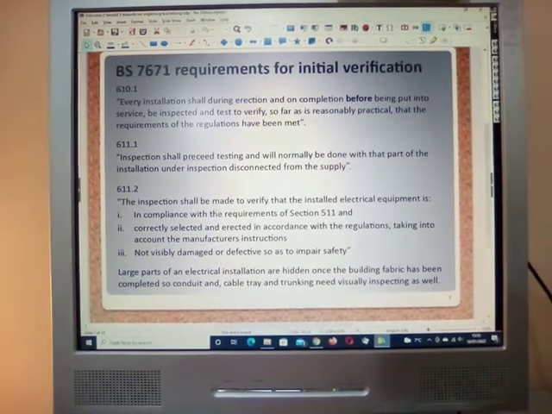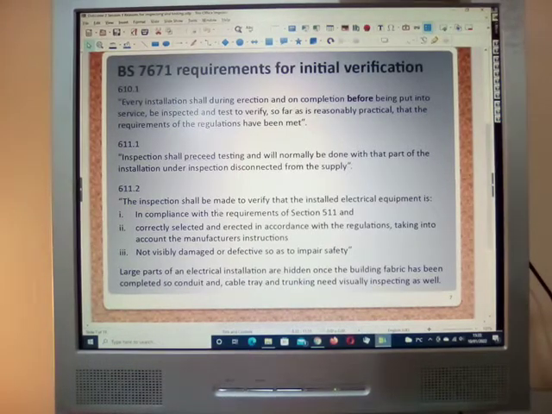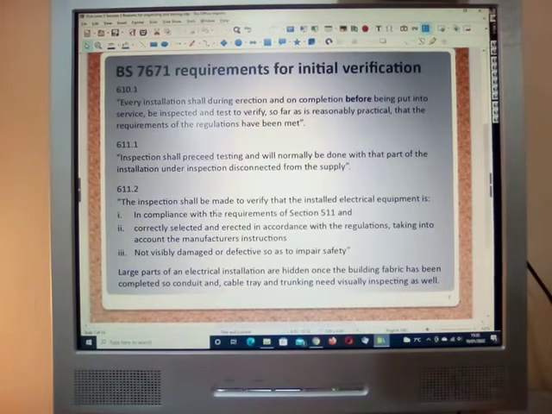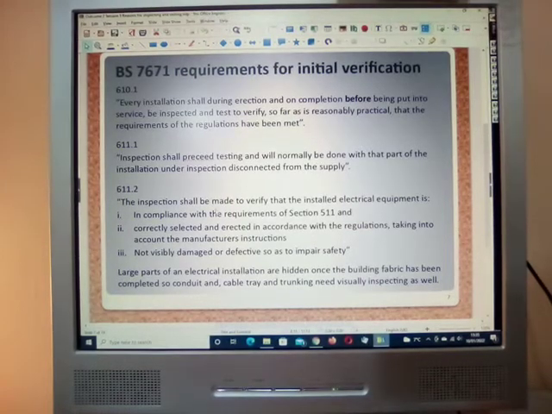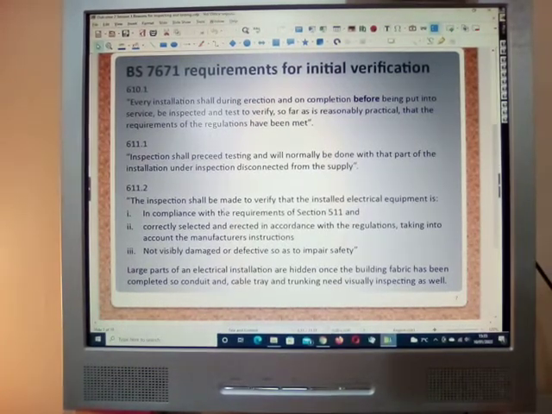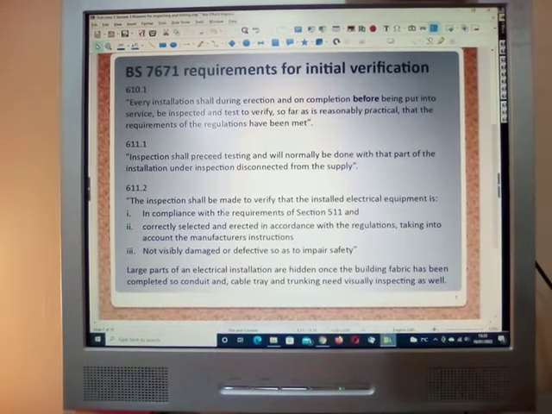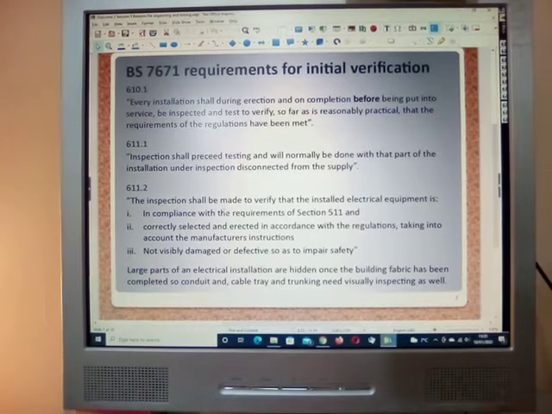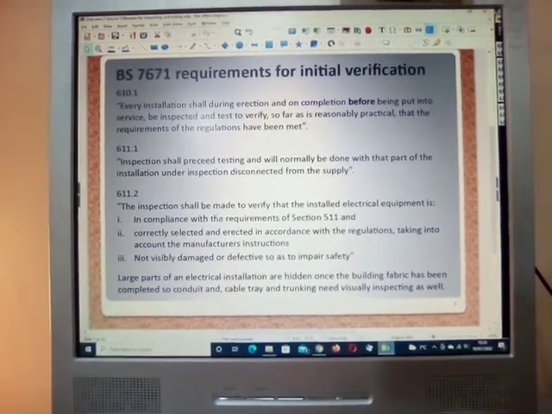And the same thing here, BS 7671 requirements for initial verification. These regulations here, it is your responsibility to make sure that these are still compliant in regards to today's IET/IEE regs. That is your job.